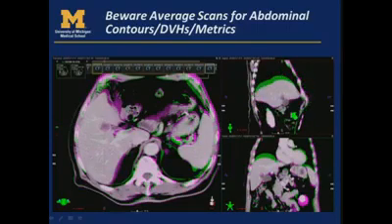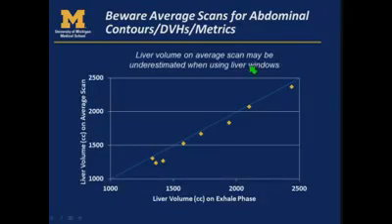So you'll see that the liver actually looks quite a lot bigger on the average scan that we see here in the green compared to the exhale phase, which you would expect because you're opening up the window and you're getting the whole extent of the motion. But when you go to contour that liver, if you use the same liver windows that you normally would, what you'll end up seeing is that your liver volume on your average scan will actually be less than what it will be on, say, your exhale phase of the scan, just because you're getting that blurred density and the average CT number is going to be less.